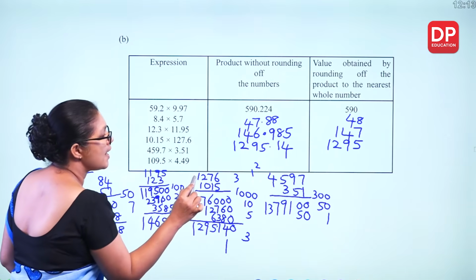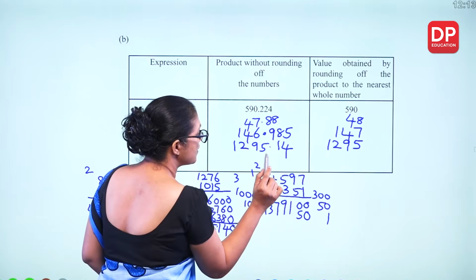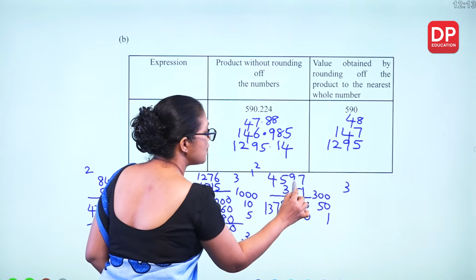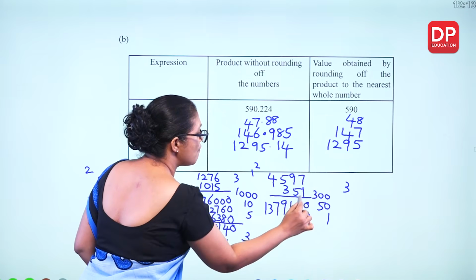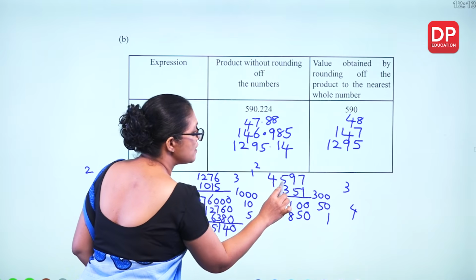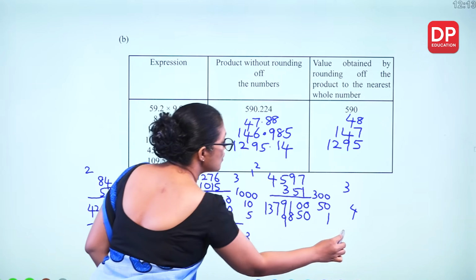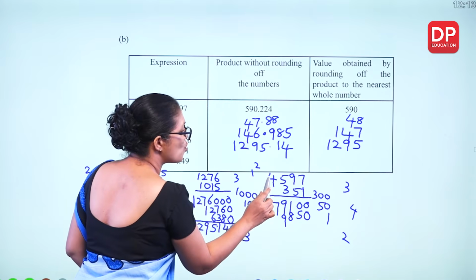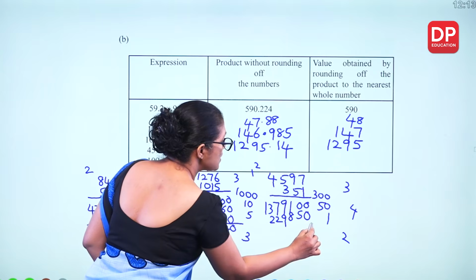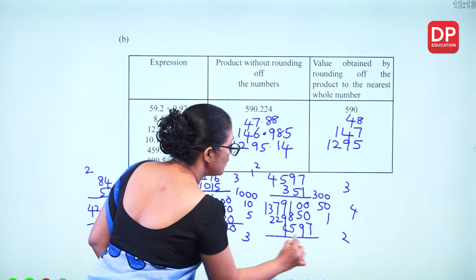And 5 times 9, 45 plus 3. 5 times 7, 35. 3 remaining. 5 times 9, 45 plus 3, 48. 4 remaining. 5 times 5, 25 plus 4, 29. 2 remaining. 5 times 4, 20. 20 plus 2, 22. And multiply by 1, you get this value.